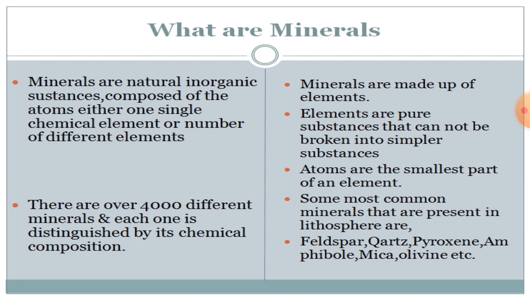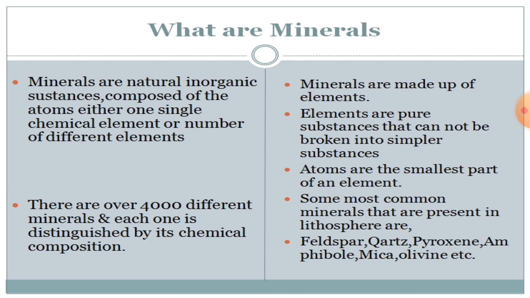Minerals are made of elements. Elements are pure substances that cannot be broken into simpler substances. An atom is the smallest part of an element. Some of the most common minerals present in the lithosphere are feldspar, quartz, pyroxene, mica, olivine, etc.